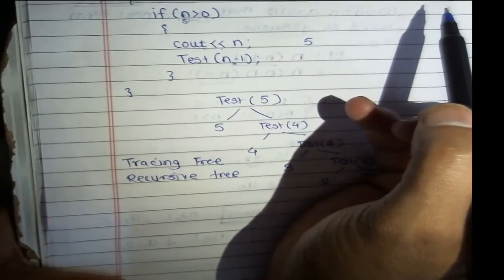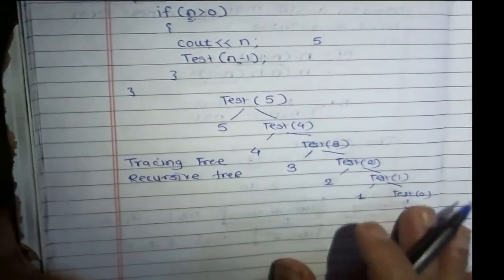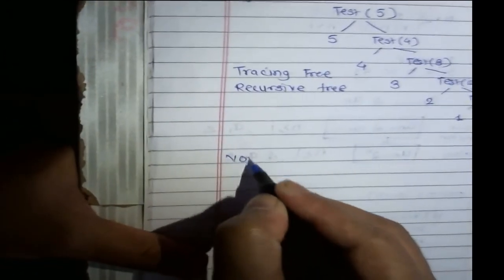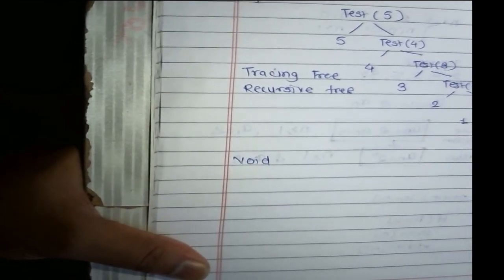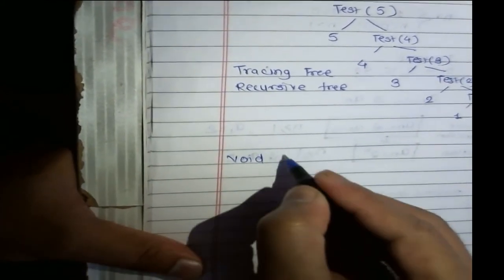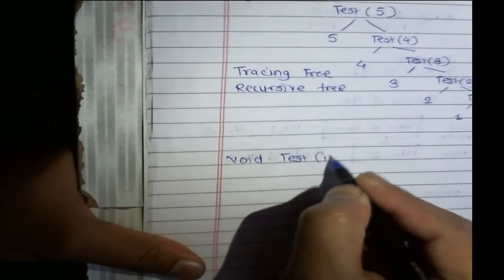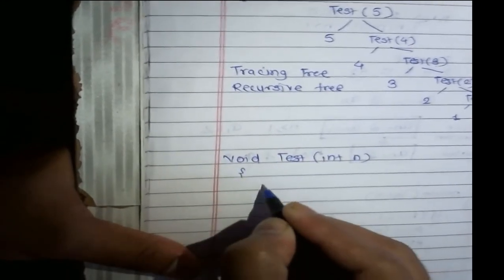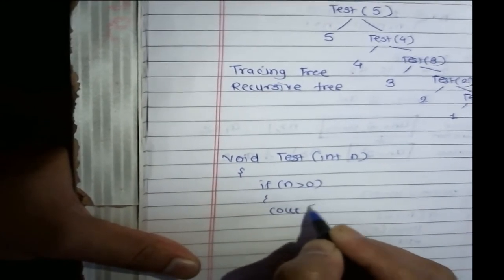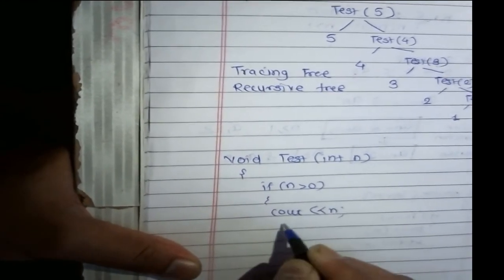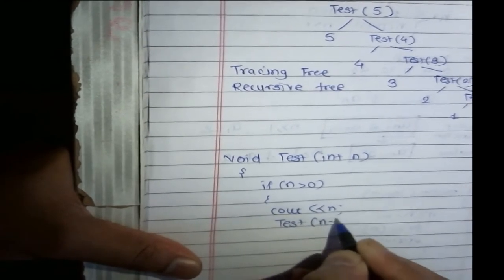Let us write this function again and analyze it. void test(int n): if n greater than 0, cout n, and test(n minus 1).